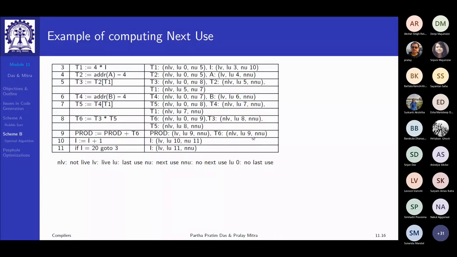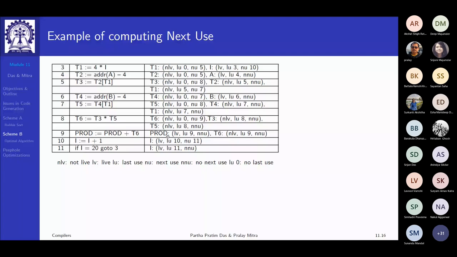Both of them are used in this instruction, so last use is 9. And prod being a program variable is considered live. T6 being a temporary is considered not live. So at present, I have in the next use tuples prod, T6 and I.